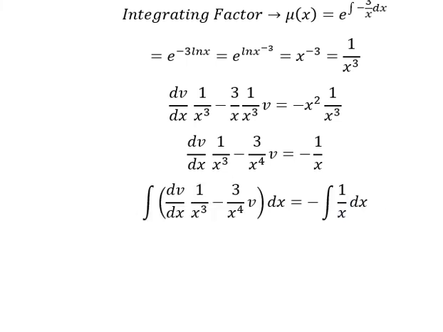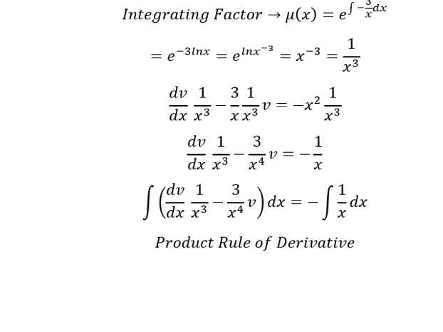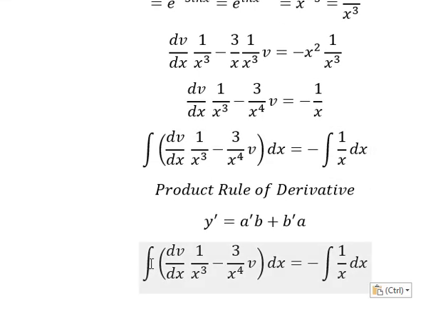Next, we can use the product rule of the derivative. So we have the first derivative of y equals the first derivative of a multiplied by b plus the first derivative of b multiplied by a. So we concentrate on this one.